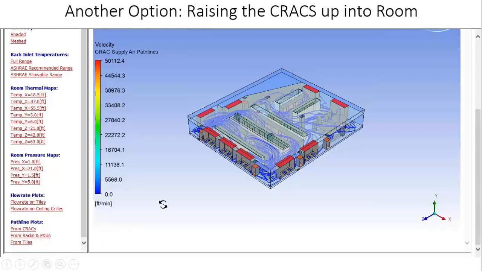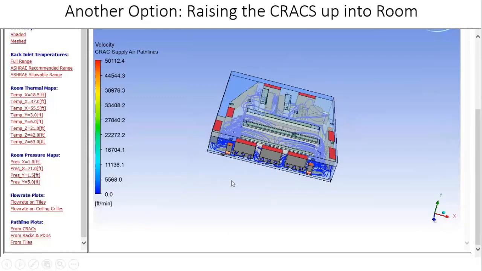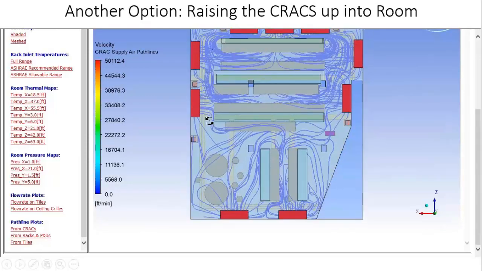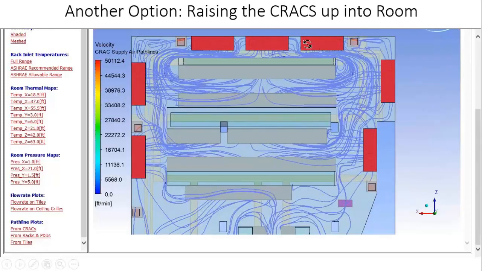So if we take a look at path lines, this is the trouble we run into. And let me just flip this model around and turn off perspective so you can see it. Here's the problem we run into. The air gets jammed against the surface, against the backside of the containment, and can't get out. And air doesn't turn corners very well. It really doesn't like to change its direction.